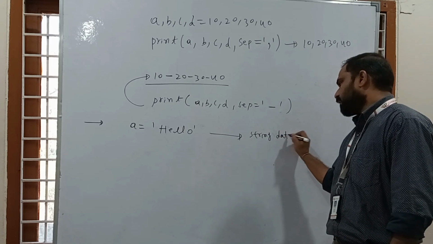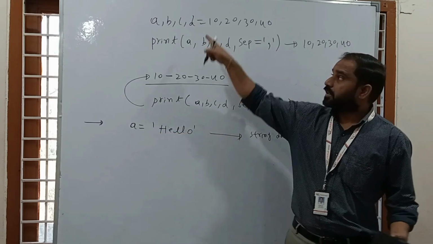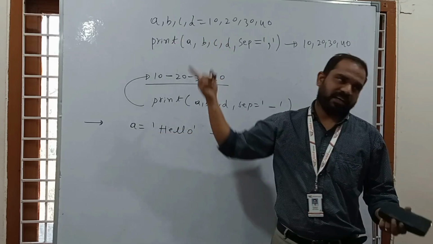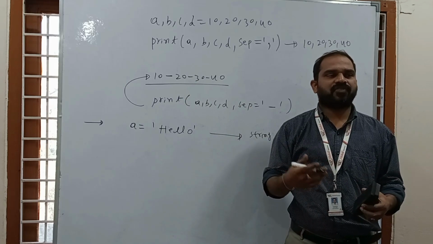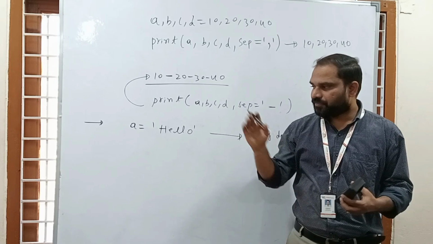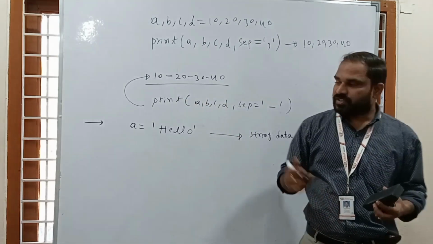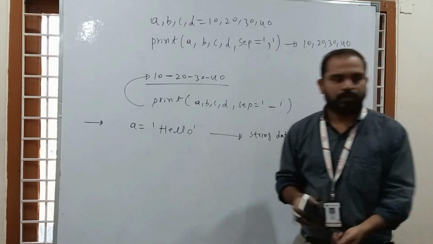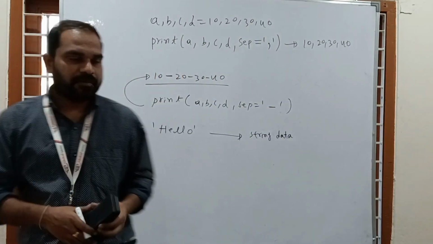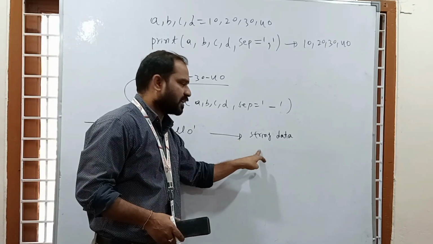String data. In A, which data have you stored? String data. Here in A, which data have you stored? Integer. We are not specifying it explicitly. The interpreter will take care of the data type of the variables at runtime, which is called dynamically typed programming. Okay. At runtime, the data type of A will be decided as string.